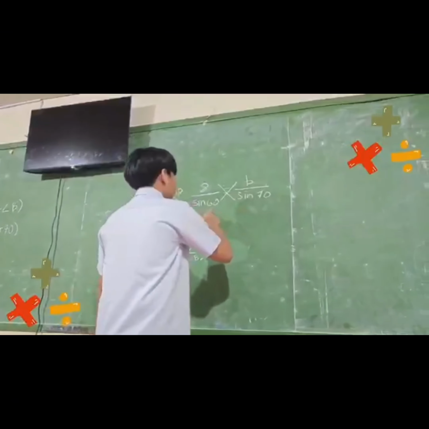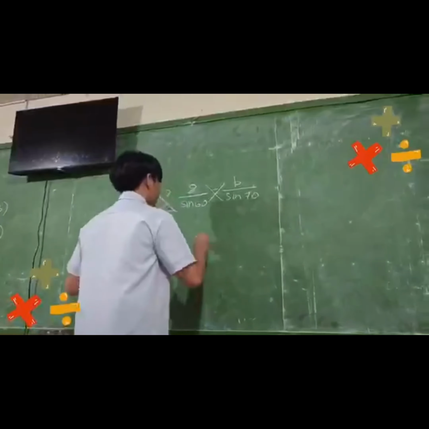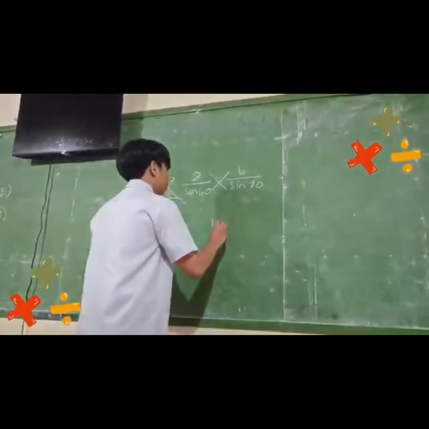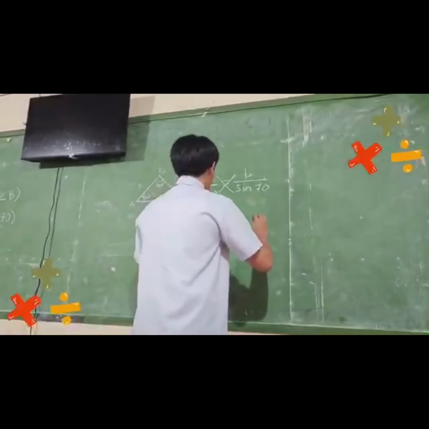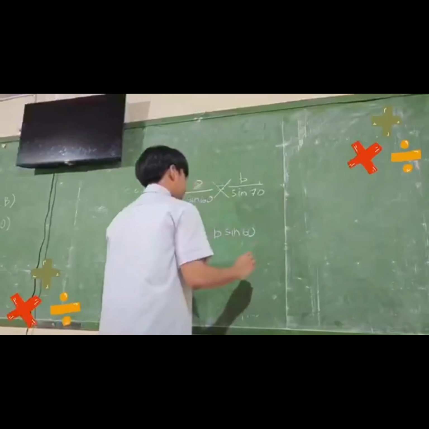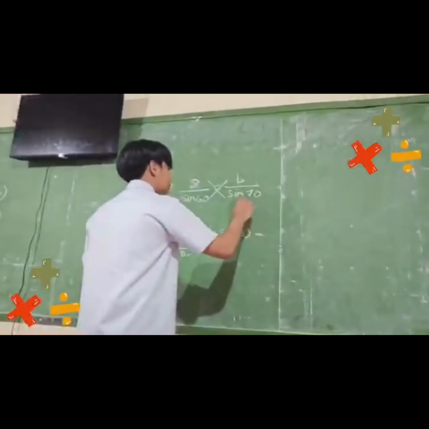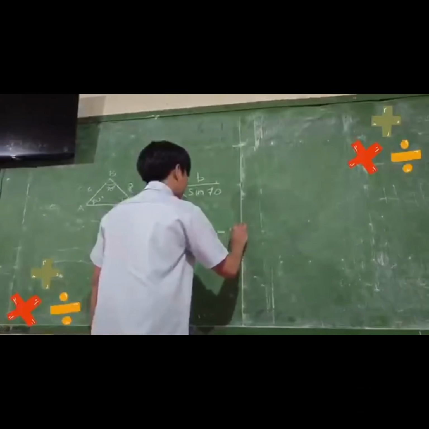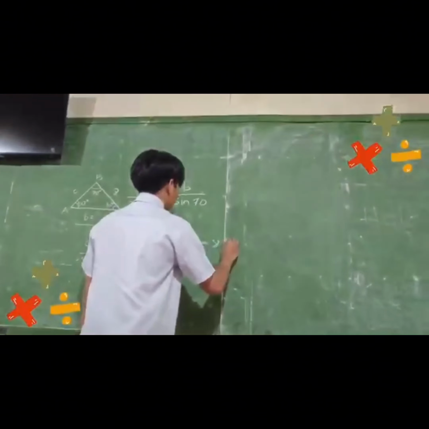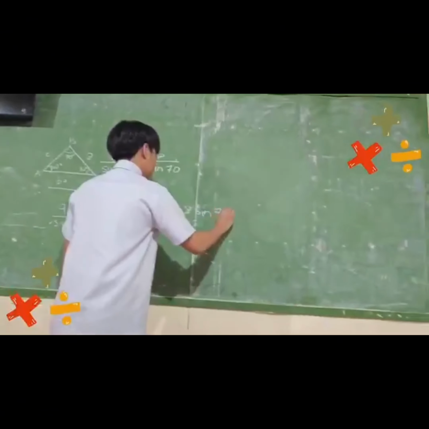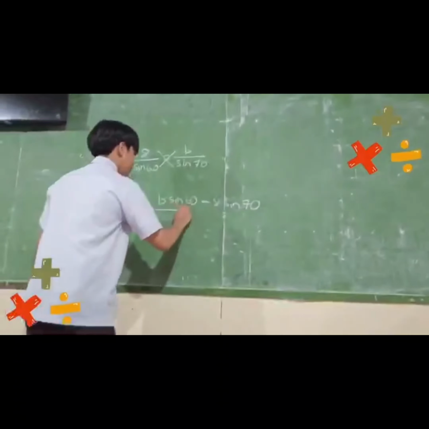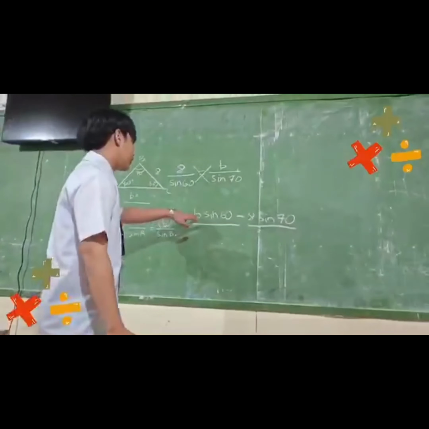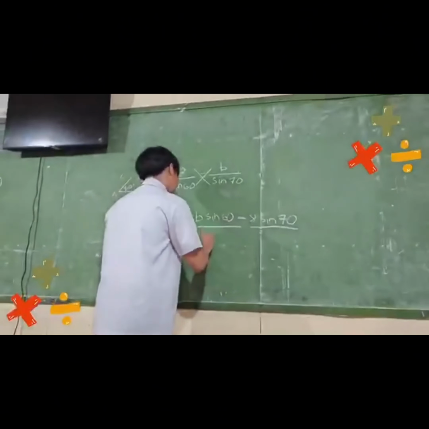So sine 60 times B equals 8 times sine 70, which is 8 sine 70. So we're going to divide both sides by sine 60, since we're looking for B.